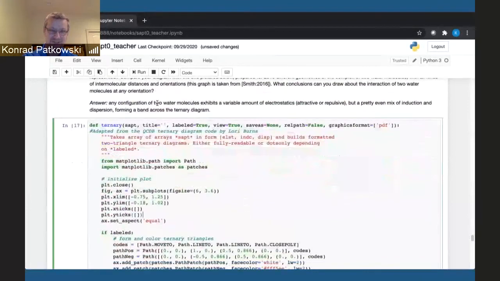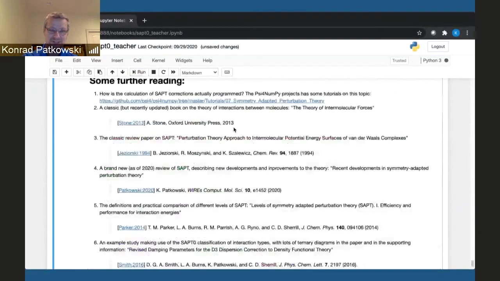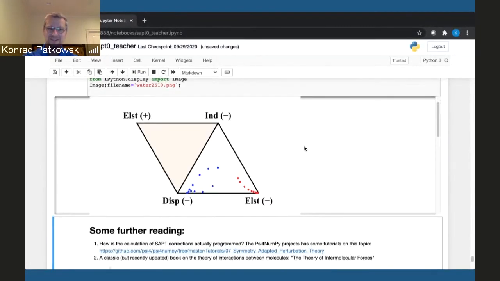So we can use the code straight from Lori and from Psi4 for the ternary diagram, and we can plot all of these values in two different colors for two different systems, all the points that we have calculated with SAPT. And as expected, the red points are the water dimer, which is primarily bound by electrostatics, especially at long range. And all the blue points are the helium dimer, which is bound primarily by dispersion.